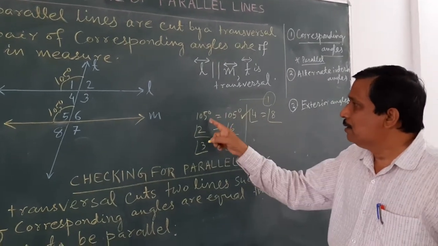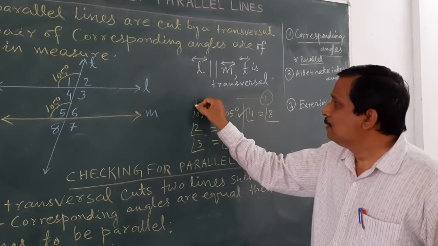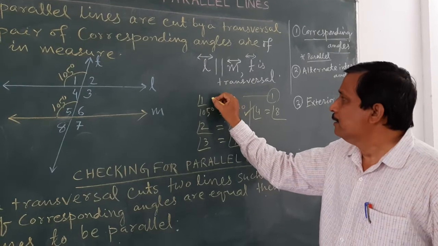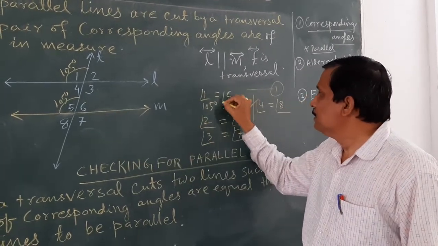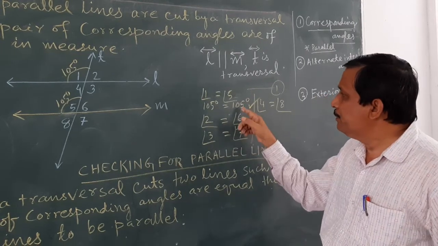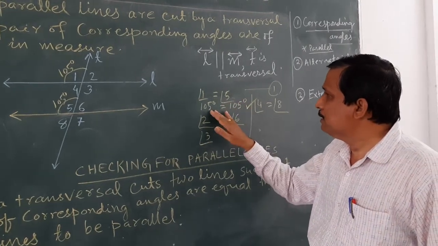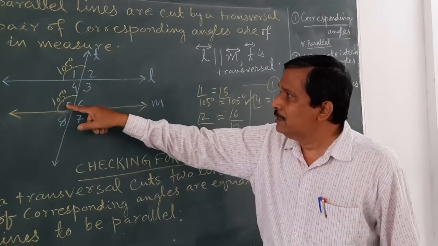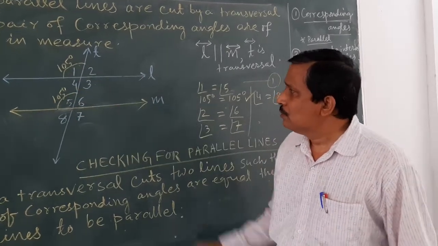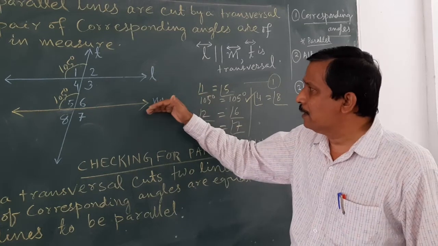So what you get, 105 means that is angle 1 and this 105 that is angle 5. So automatically if it is known that the angles are equal, then automatically you will see that these are corresponding angles. So these two lines are parallel.